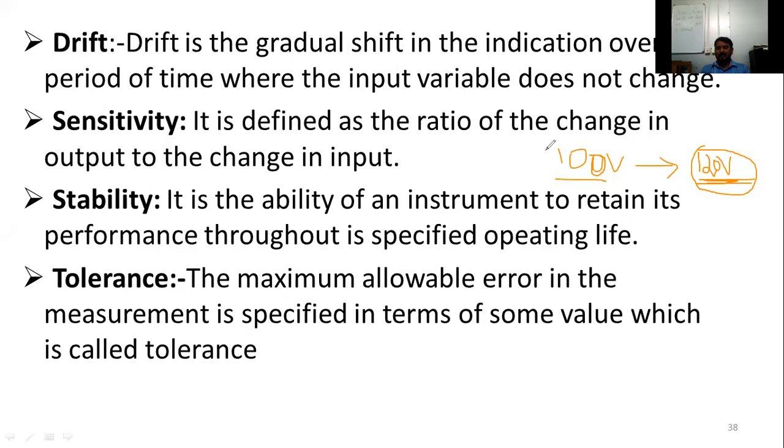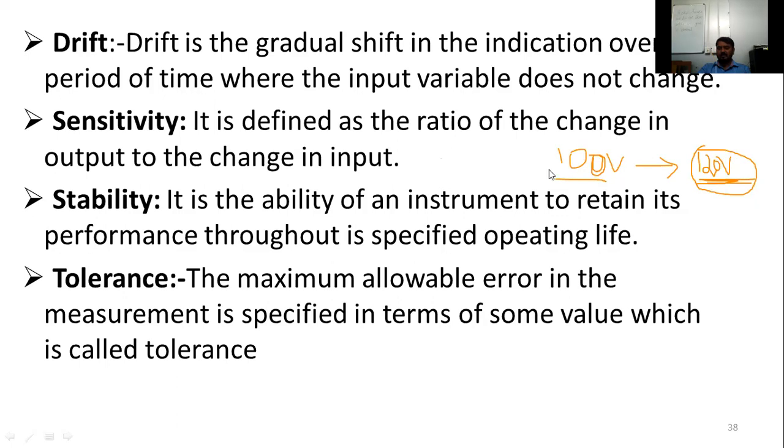Yes, sir. So all these things are related to one another. We don't consider the body and all that; the instrument should be sensitive. If we have increased something by one volt, or 1 point, immediately it should increase and display it.